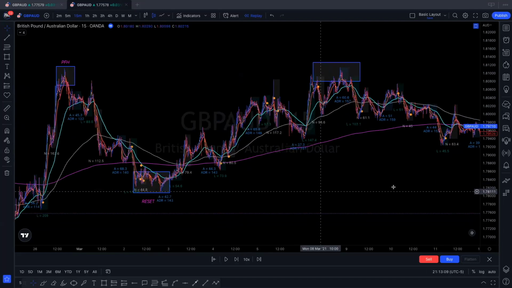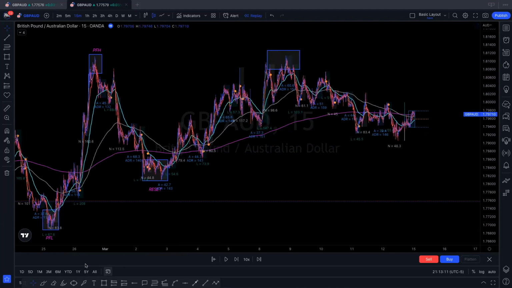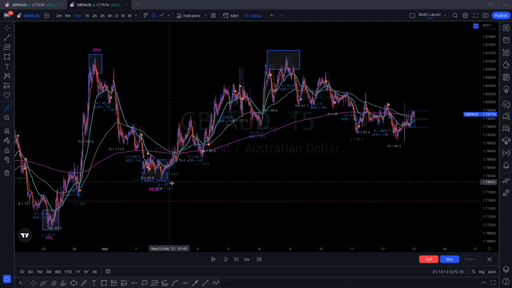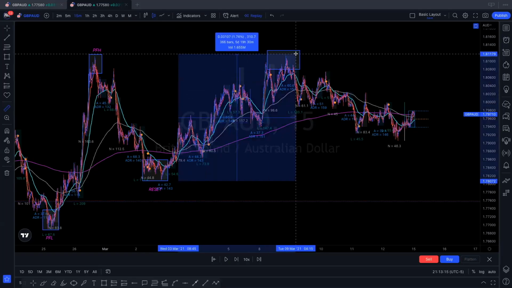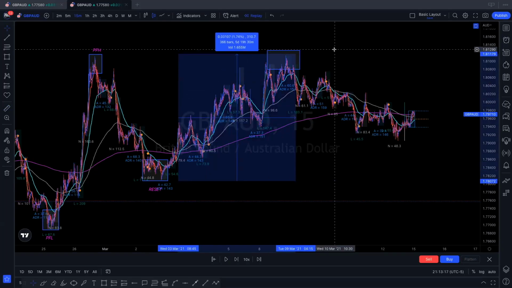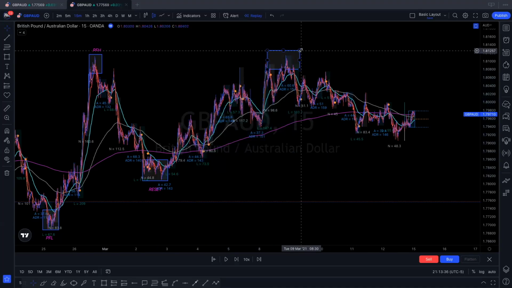And so now if we measure from here to here, it's 310. This range here is actually more. I would say it's at least in the 147 range, give or take, right? So this is only two times ADR.